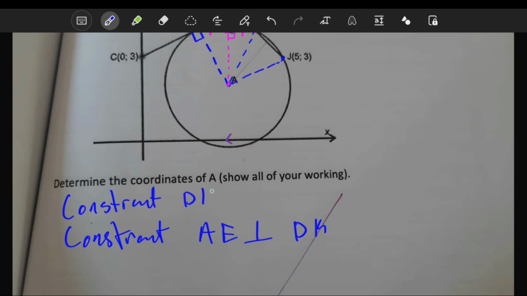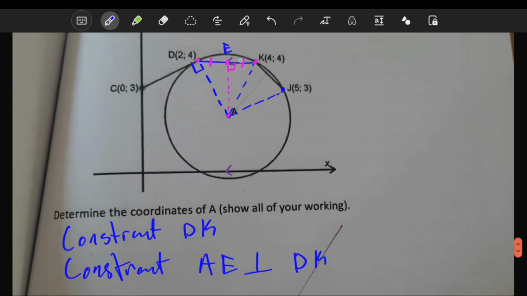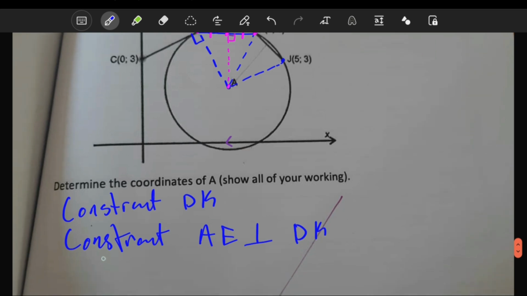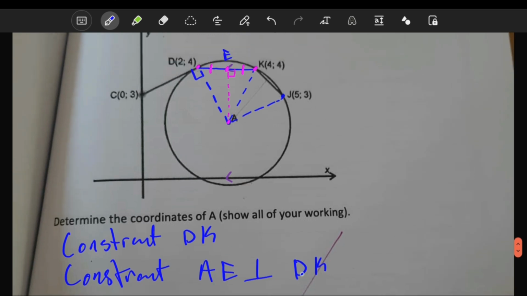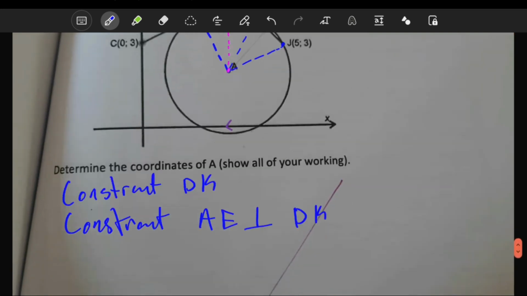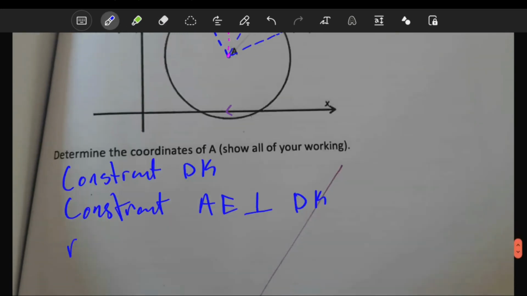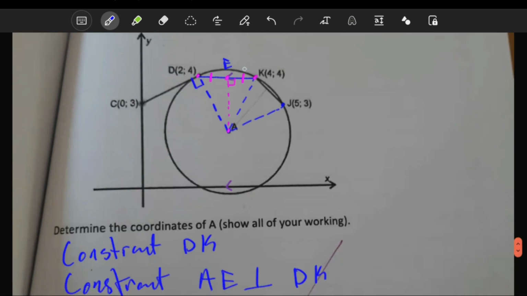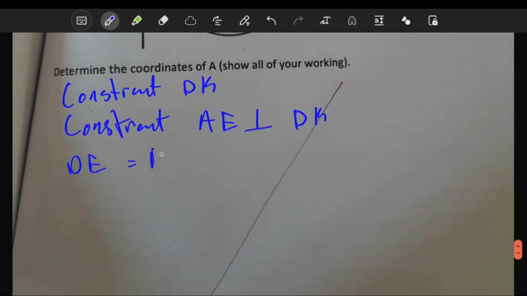If you construct DK and also construct EA perpendicular to DK, you're going to end up with DE, or ED rather, call it what you want, being equal to EK. The reason there is your construction.